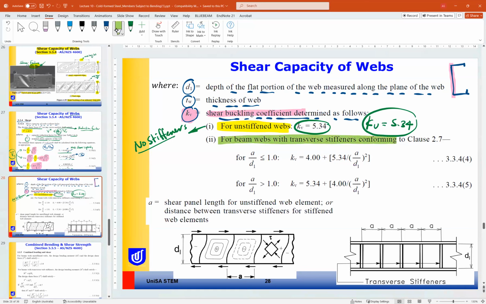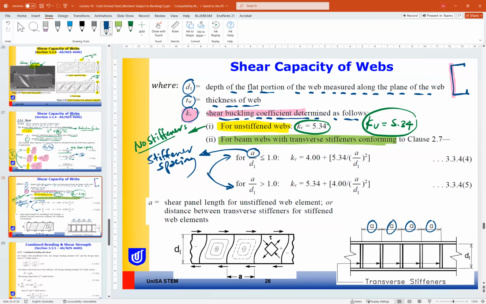For beams with transverse stiffeners, we have two cases for KV based on the stiffener spacing. A is the stiffener spacing, as you can see in this diagram, and D1 is the web height.